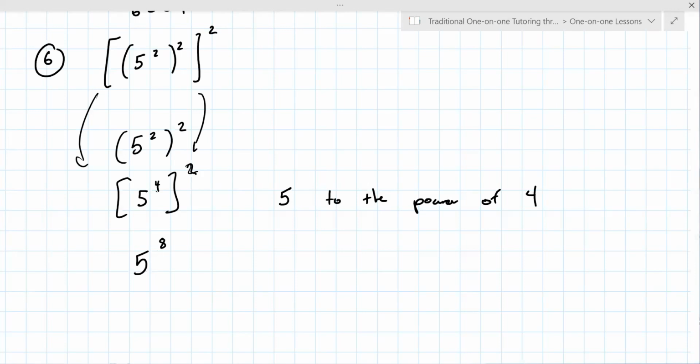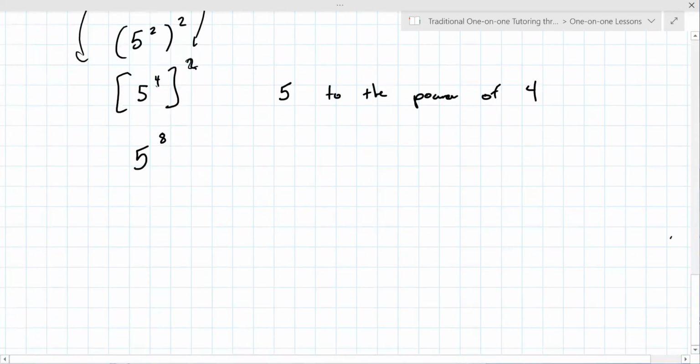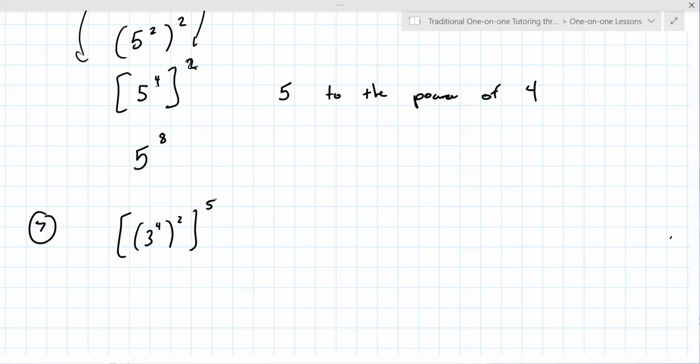So we're up to, can I try one next? Yeah, I think that would be great. Let me give you one just like this. This is key for you, we have to do problems that are very incrementally harder. So 3 to the 4th, squared, bracket to the power of 5.